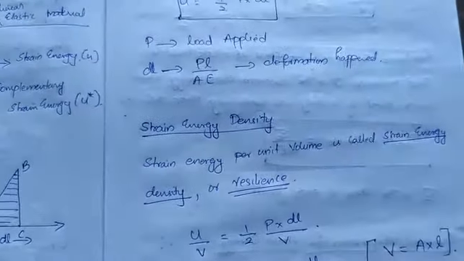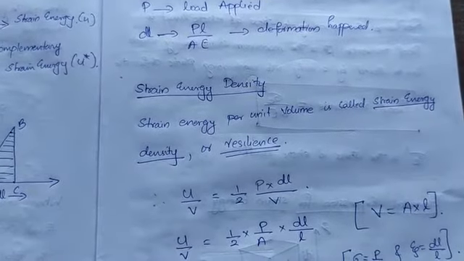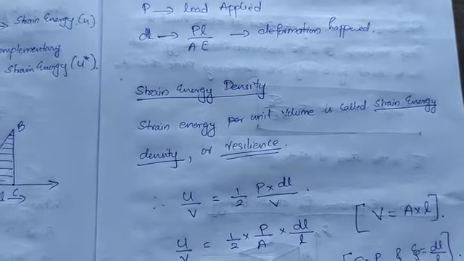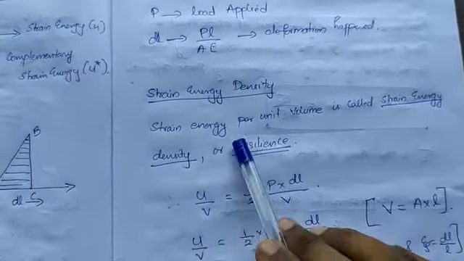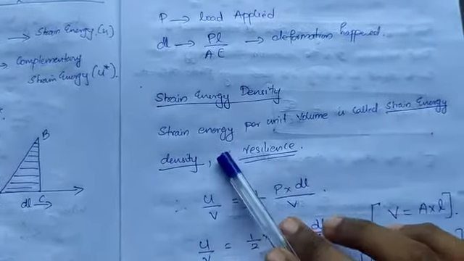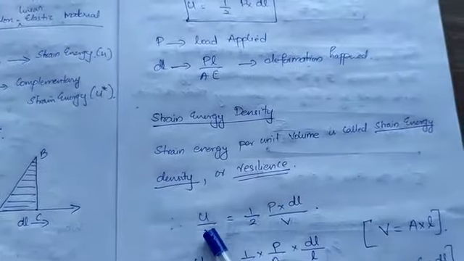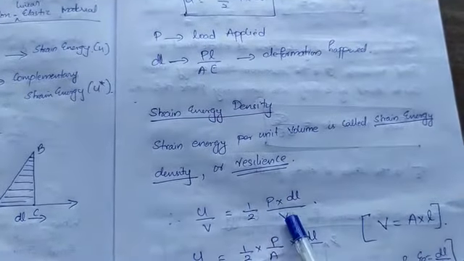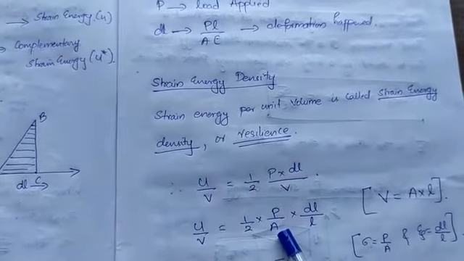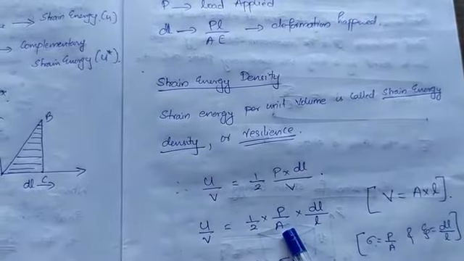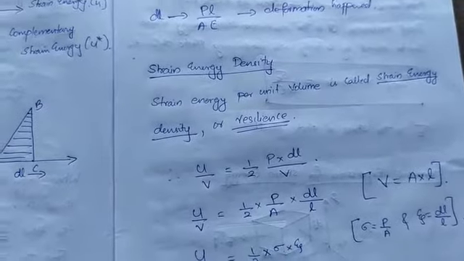Now the next term is strain energy density, otherwise called resilience. It is nothing but the strain energy per unit volume. So you know U is equal to 1 by 2 P into dl by V. V can be written as area into length, so P by A into dl by L. P by A is stress, force by area, and strain is the change in length by original length.